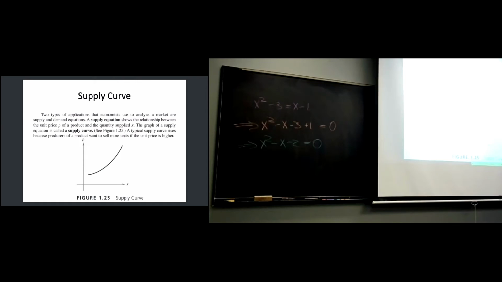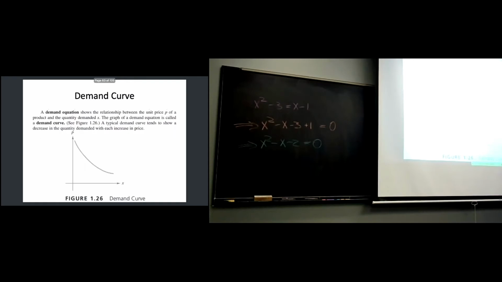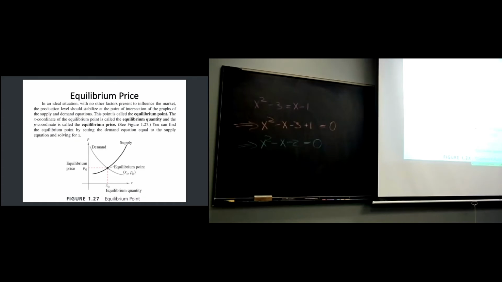I assume since this is a bunch of business students in here, we already know what the supply curve and the demand curve represent, right? Price and the amount of production that we have. So when talking about the equilibrium price, what we're literally talking about is when the demand function and the supply function are equivalent.